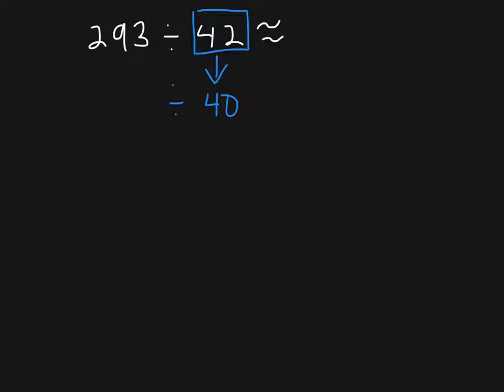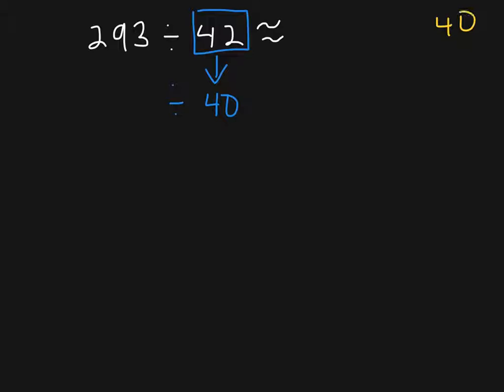We do not want to round it to 300 because 300 divided by 40 is not something we can figure out easily in our head. 30 divided by 4 is not a basic fact. So I have to find a compatible number that is going to divide evenly by 40. And one way of doing this is to simply count up by 40s, and I'm going to kind of do that over here on the side.